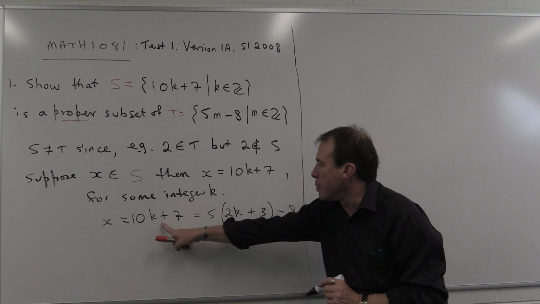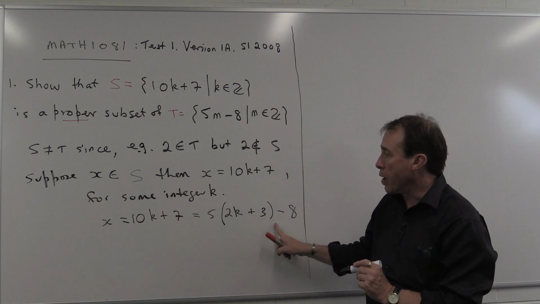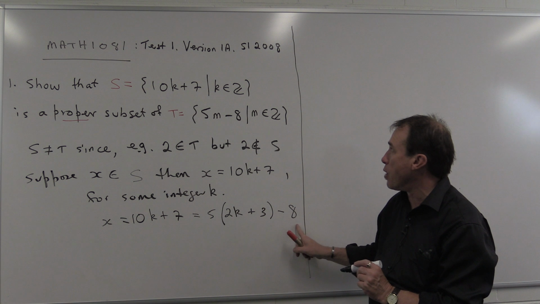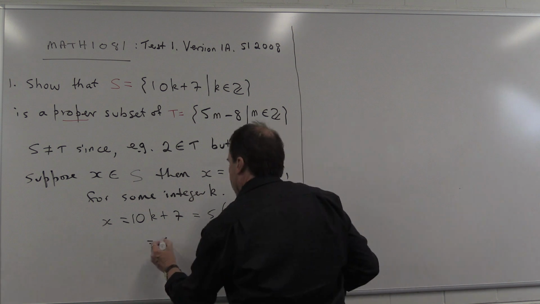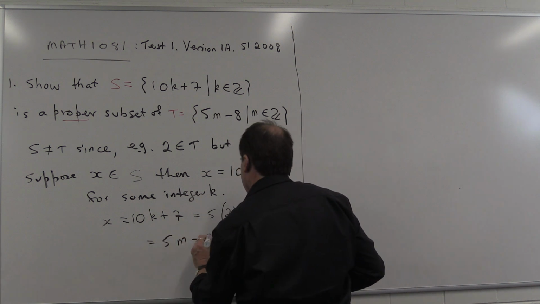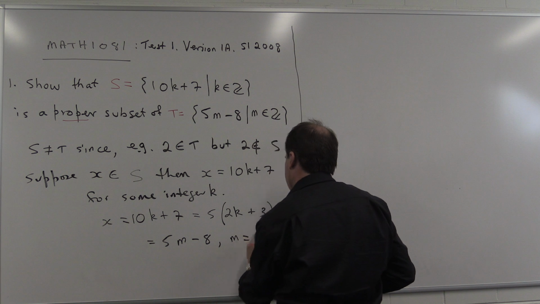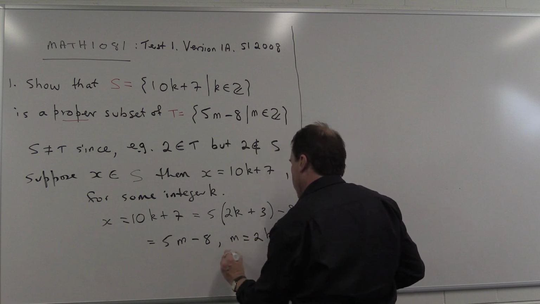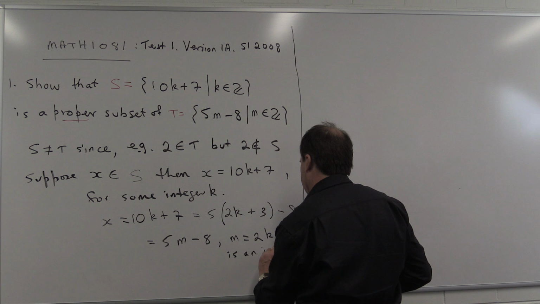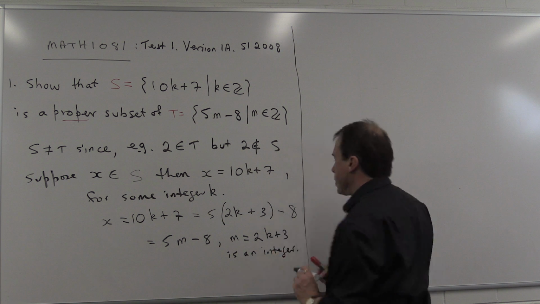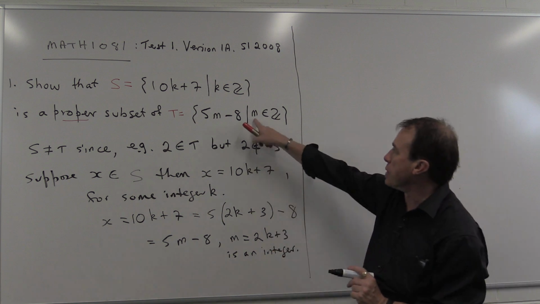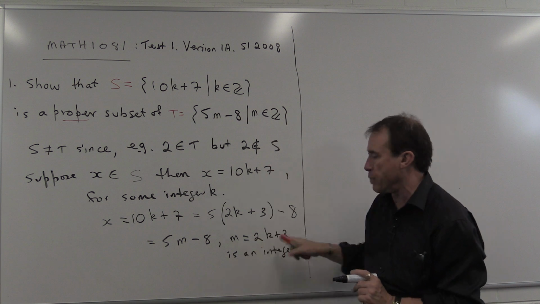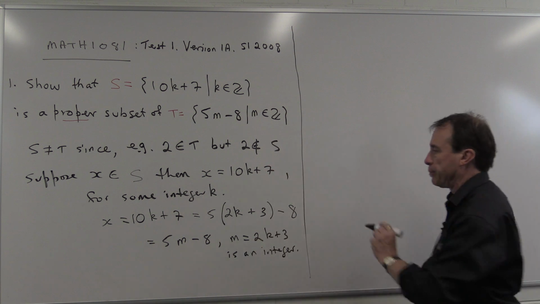So now this number equals this number, and I've shown now it's a multiple of 5 minus 8. So I can write this as 5 times m minus 8, where m is 2k plus 3, is an integer. That again is important to write because this m had to be an integer, and it is because it's twice an integer plus 3.